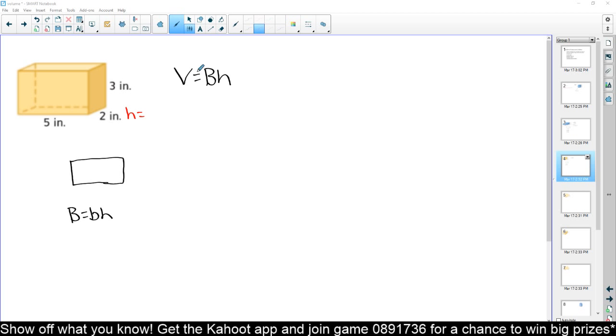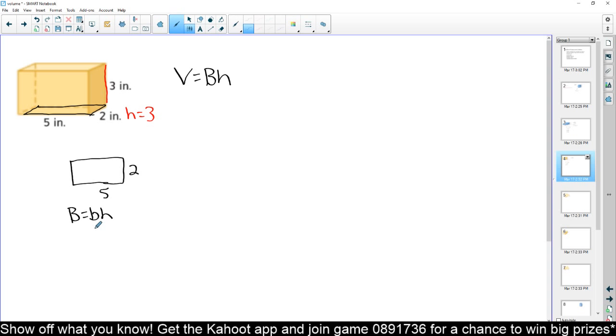Alright. What do we got here? So here is our prism. So I'm going to say this is my base right here, which makes the height of my prism this number there. So I drew my base already. I'm going to say the height is 3, and then the dimensions on my base are 5 by 2.